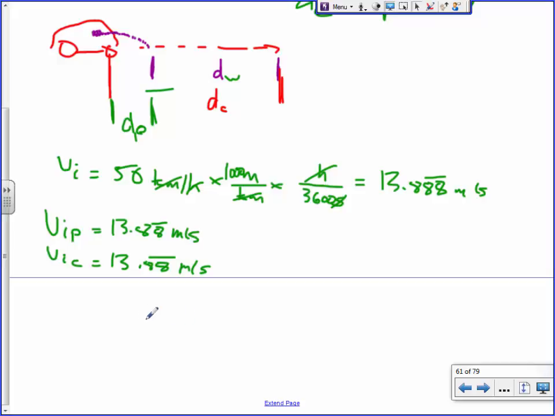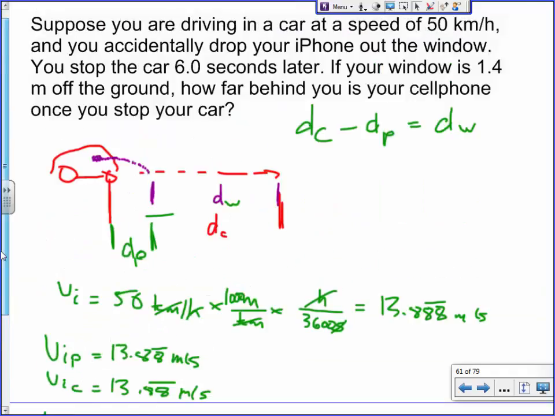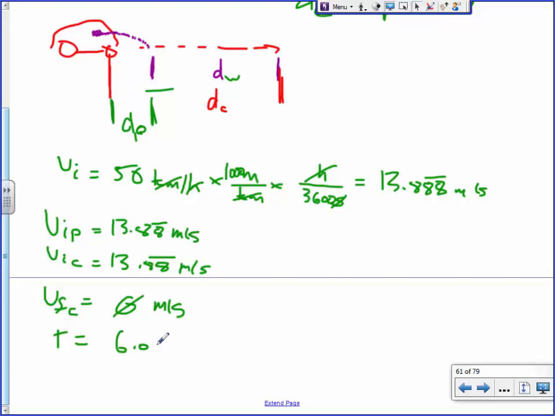Okay, what about our velocity final? 0. Yeah, because eventually the car's got to come to a stop, right? So I'm going to focus on the car for the time being. The car will eventually come to a stop. We also know the time elapsed because it said the time was 6 seconds. Do I need to put a subscript after time?